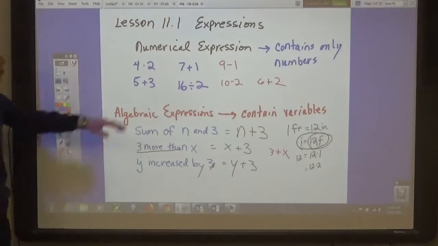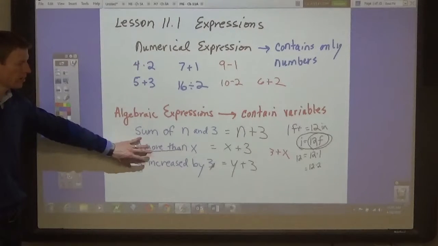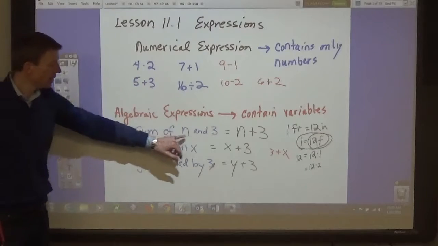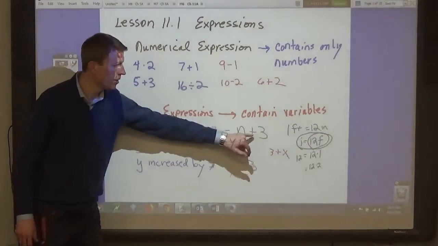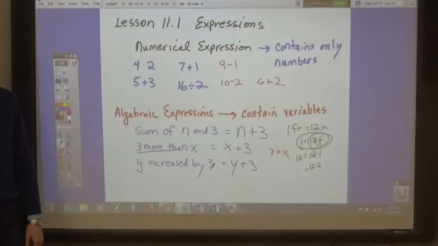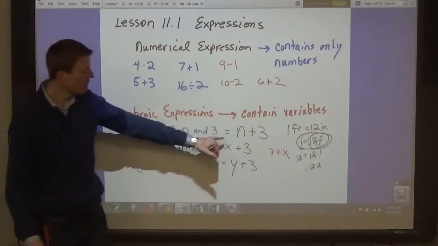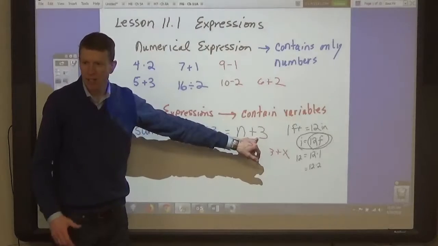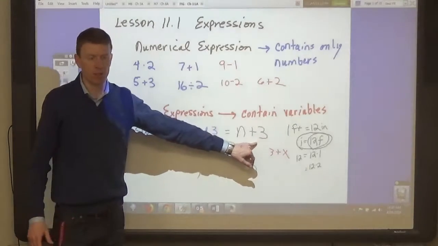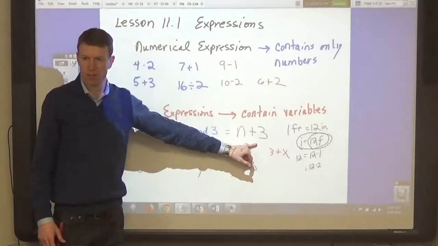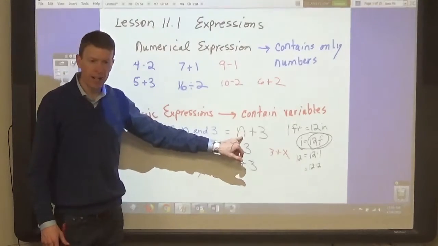The difference between a numerical expression and an algebraic expression is that when it has a letter, it doesn't just stand for one number, it stands for many numbers. The answer to the expression could be an infinite number of numbers, depending on what the number n is.